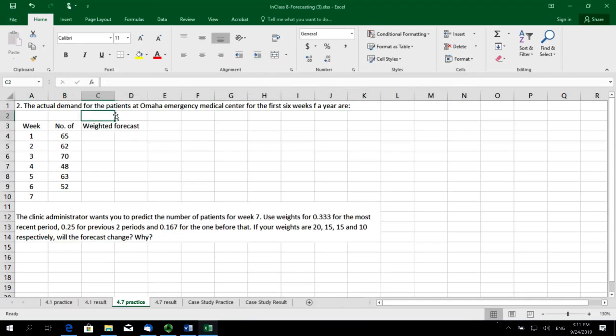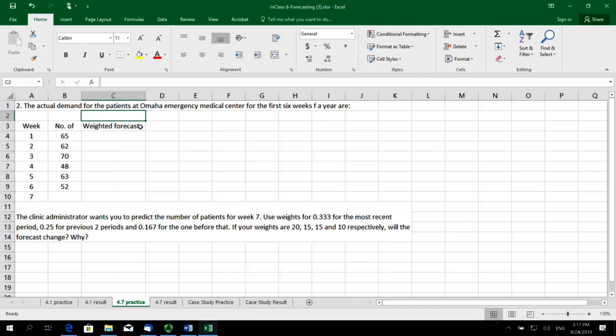So let's say the weights are 0.333, 0.25 and 0.167.